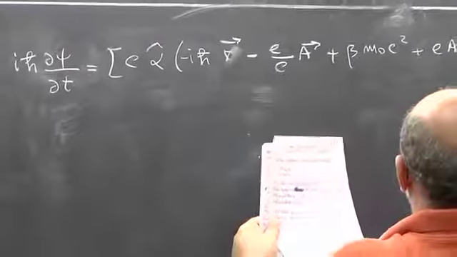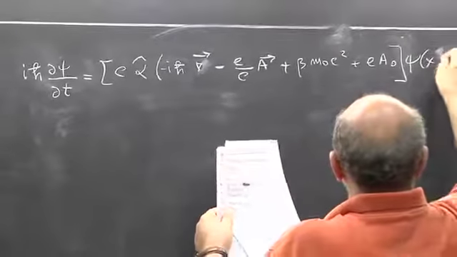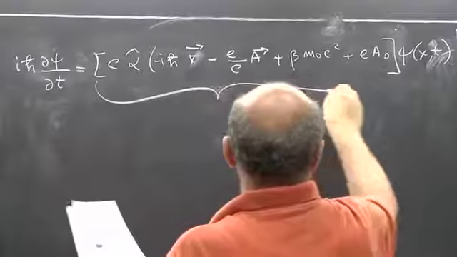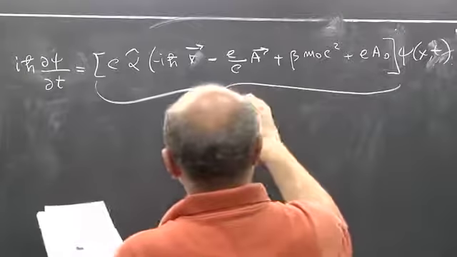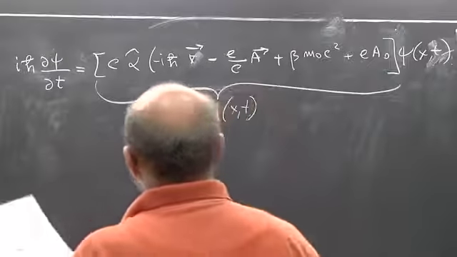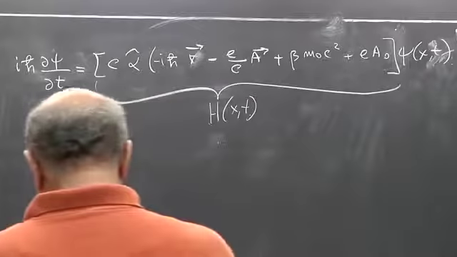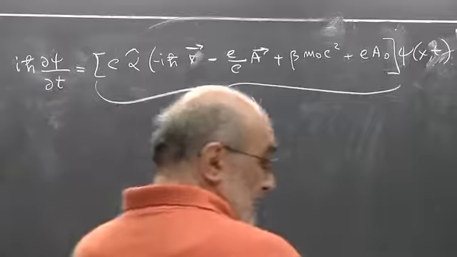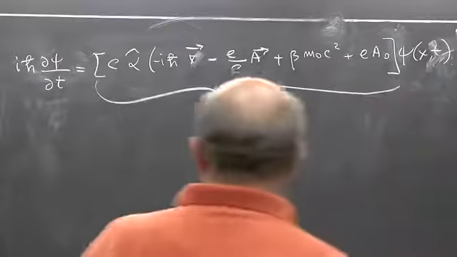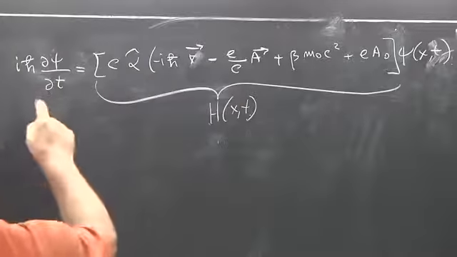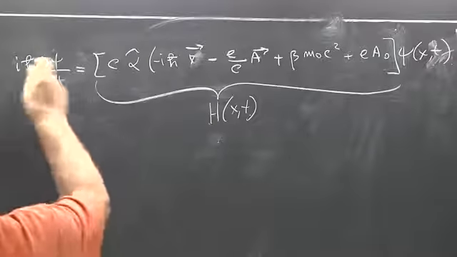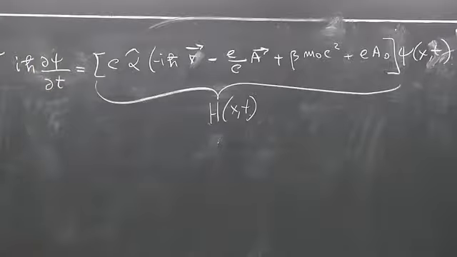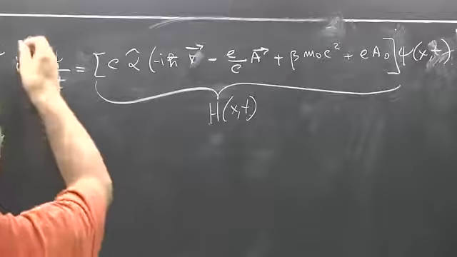So let's do the most complete thing. And let's call this our Hamiltonian in X and T. Then it has a form that looks like the Schrödinger equation. Okay, now let's multiply by T on the left, so I multiply by this operator T on the left, okay?